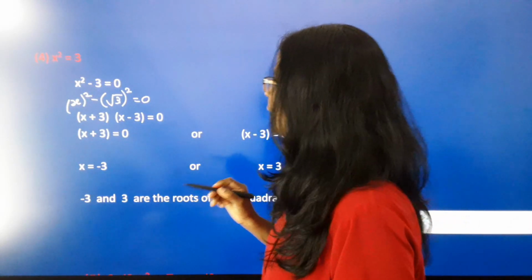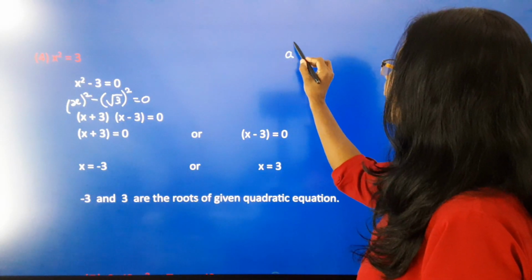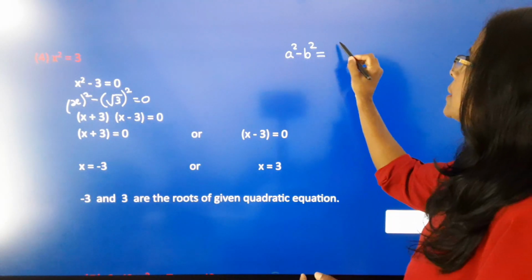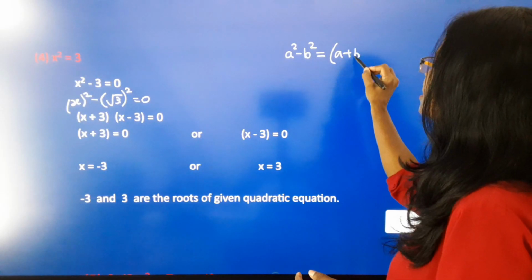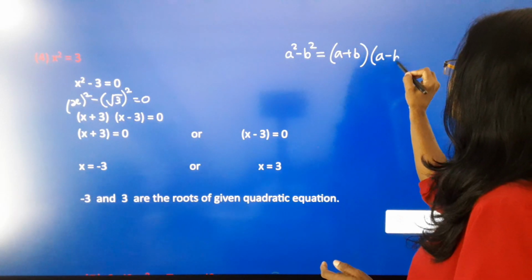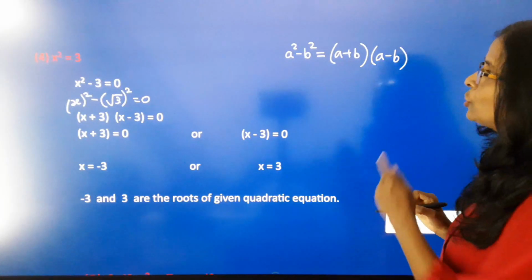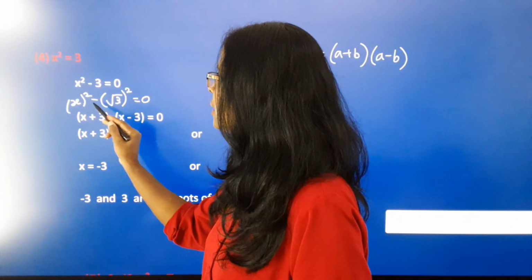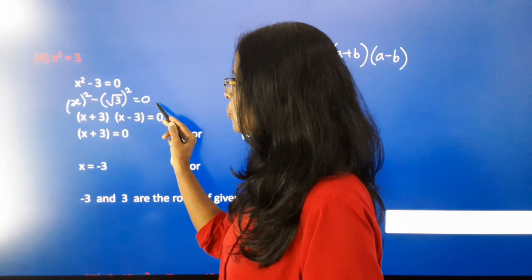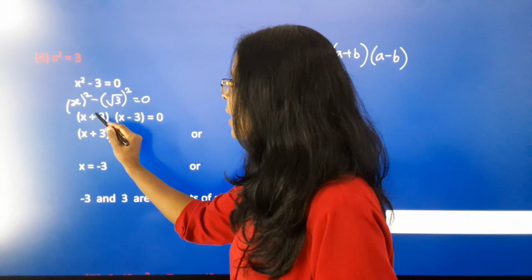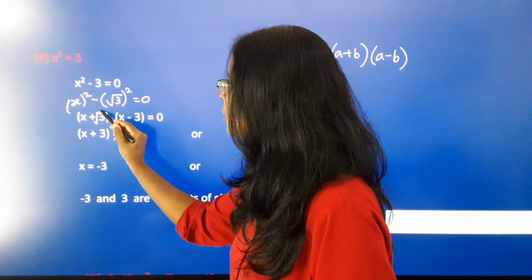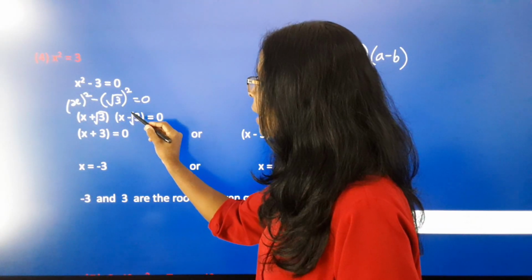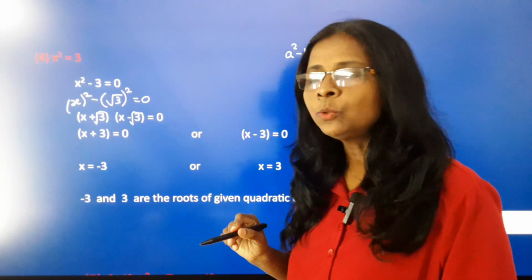So here at this form, that is a square minus b square, the expansion of this is a plus b in the first bracket and a minus b in the second bracket. So on this base, we write here square of x minus square of root 3 is equal to 0. That means in the first bracket we write x plus root 3 and in the second bracket we write x minus root 3 is equal to 0.